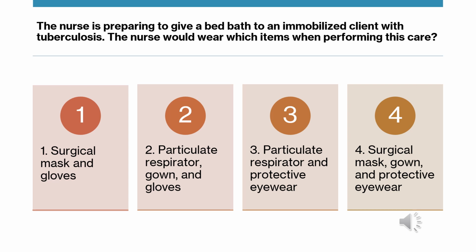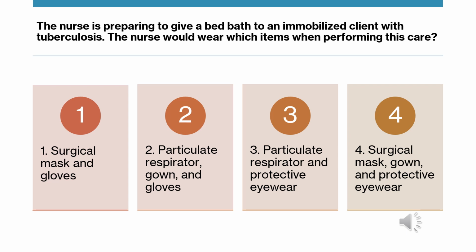However, remember, standard precautions are always in place. Standard precautions are used for everyone, meaning we treat everyone as if they are potentially infected. What standard precautions means is if I feel there's a potential for my clothes getting contaminated, I wear a gown. If I'm coming in contact with blood and body fluids, I'm going to wear gloves.